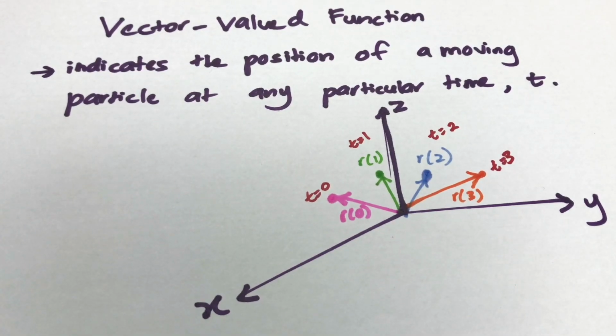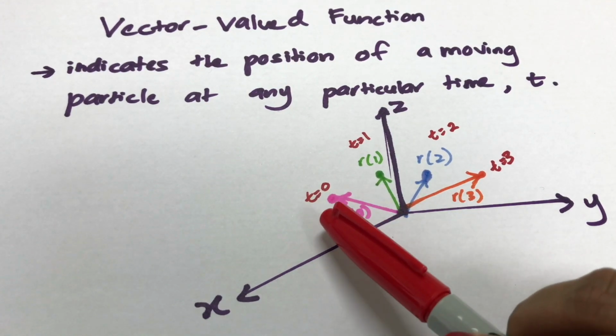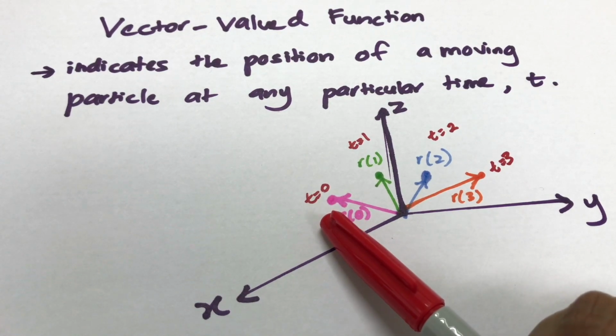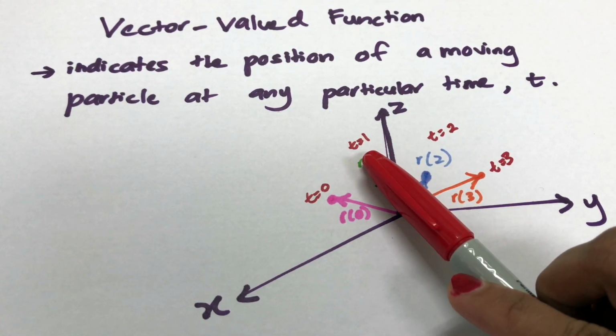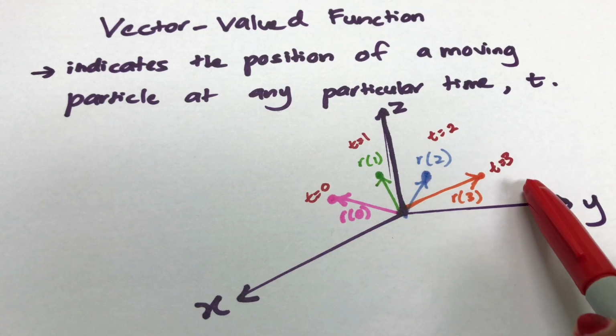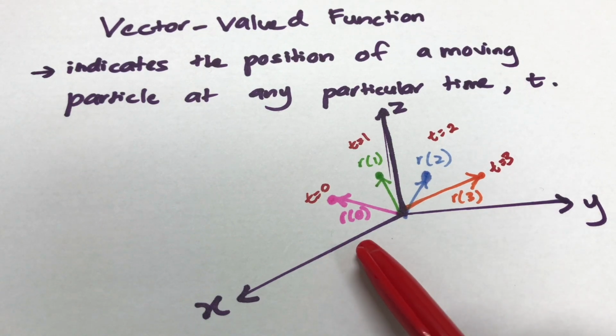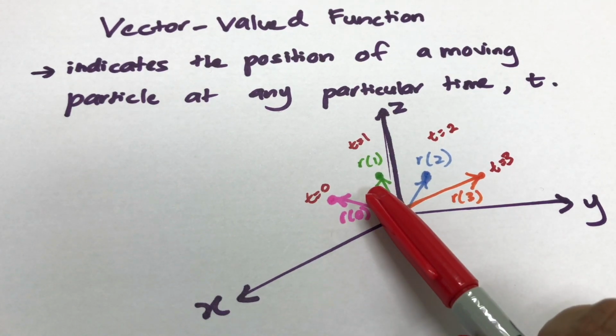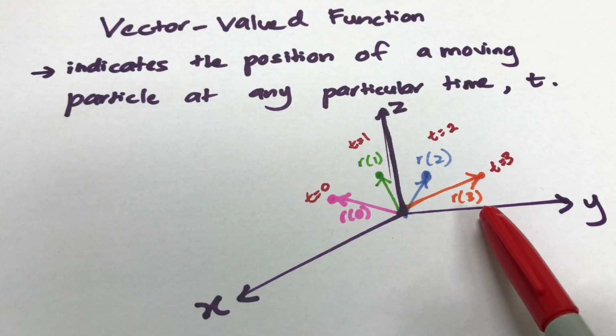Vector valued function may indicate the position of a moving particle at any particular time. In this case here, our input is t equal to 0 seconds, 1 second, 2 seconds, and 3 seconds. The output would be the vectors r of 0, r of 1, r of 2, and r of 3.